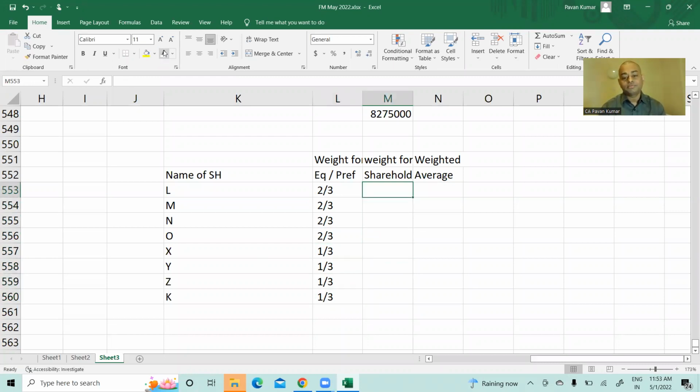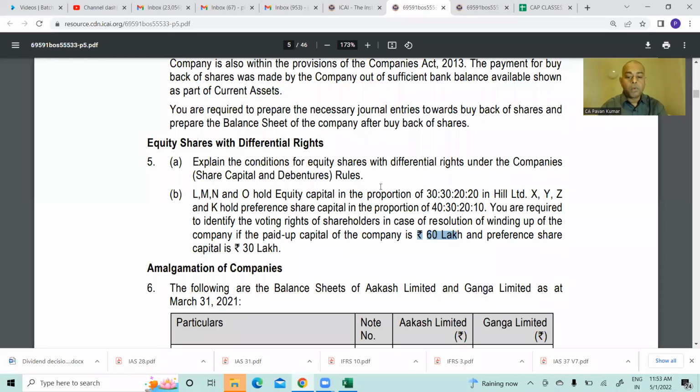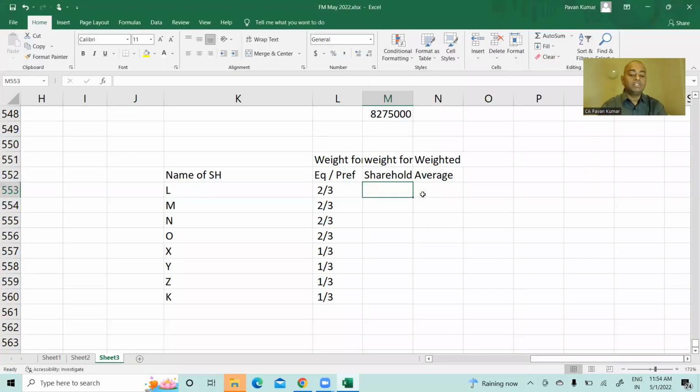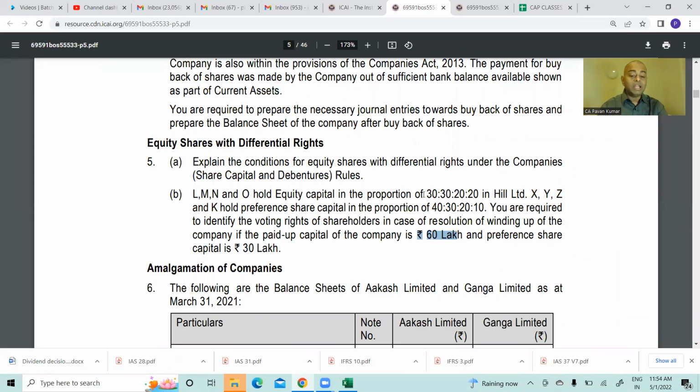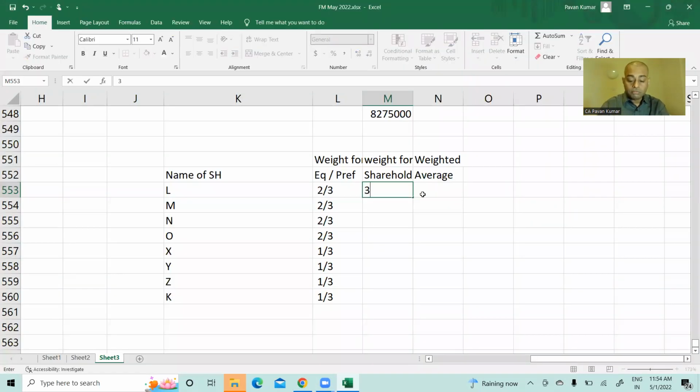Yeah, I know. Okay, now tell me, what is the shareholding of LMNO, Vrinda? 30:30:20:20. So can I say 3/10, 3/10, 2/10, 2/10? Yes, sir. I'll write 3/10 as 0.3.